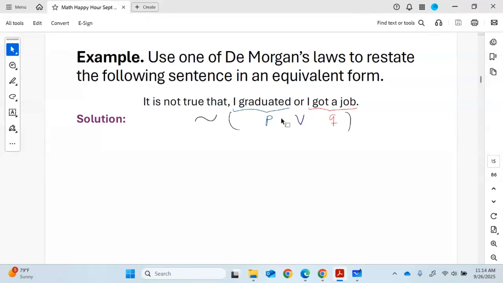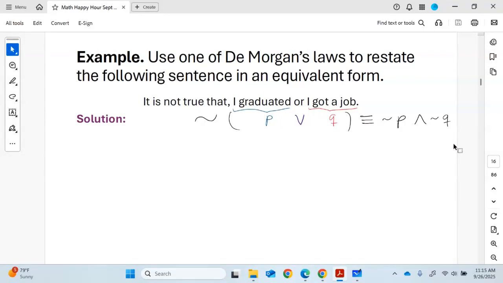It is very important to have the parentheses. That's why we use the comma as a cue to remind us that we need parentheses there. And remember that De Morgan's law says that you can distribute this. So this statement is equivalent to not P and not Q.